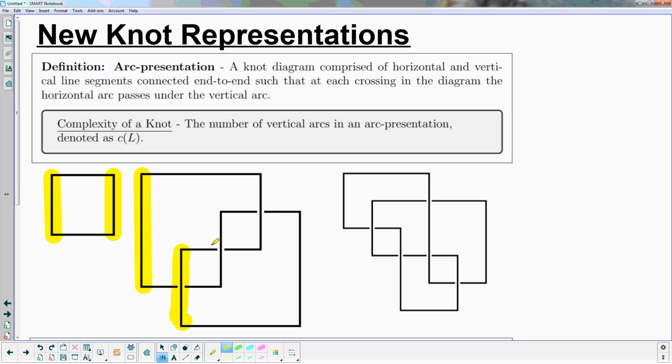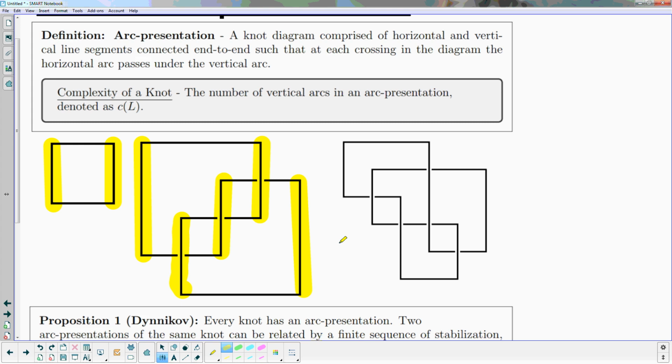The trefoil, at least this arc representation of a trefoil, has complexity 5. There are 5 vertical strands. And this knot over here, a weird look at it, but it is the figure 8 knot, and it has 1, 2, 3, 4, 5, well, 6 complexity.